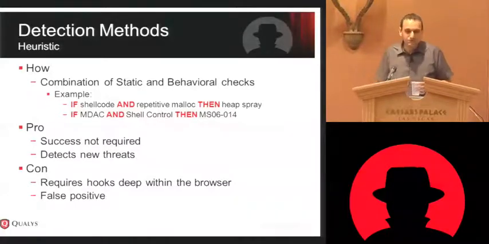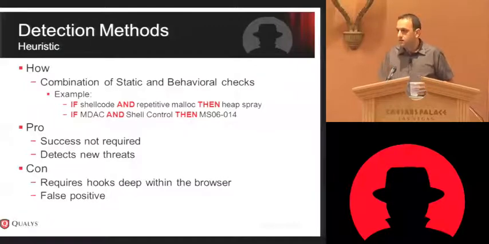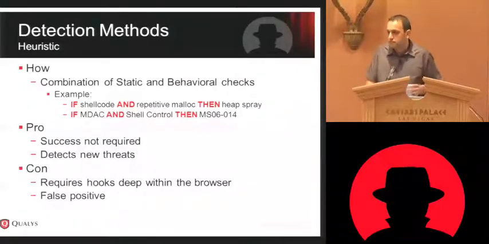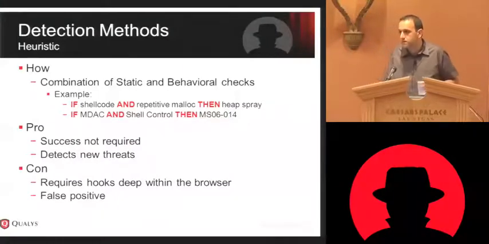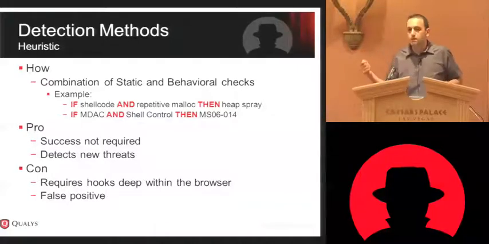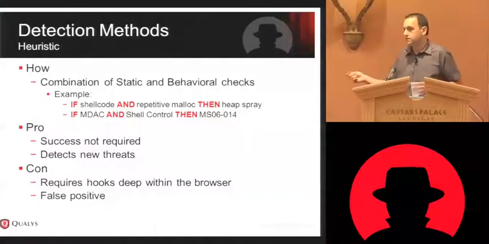Cons: you really need to tear apart IE, in our case, in order to get the data that you need. There are deep hooks in Trident, the render engine, and deep hooks in JScript.dll, the script interpreter. Because I have to be able to log whenever an allocation occurs, whenever a string gets concatenated, whenever you do a string.replace.